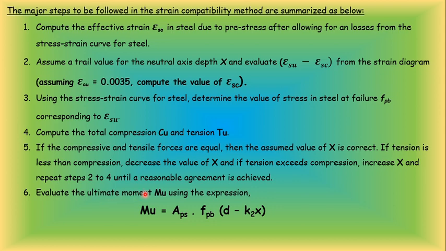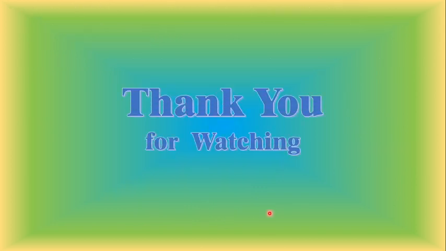Evaluate the ultimate moment Mu as soon as we get x for the balanced section, considering Mu equals APS multiplied by FPB into bracket D minus K2 into X. So this was the strain compatibility method.